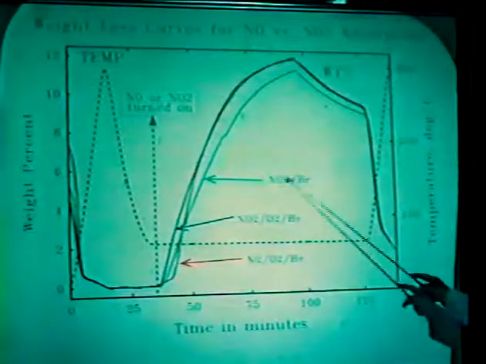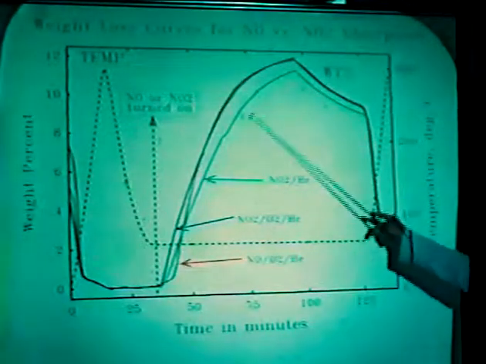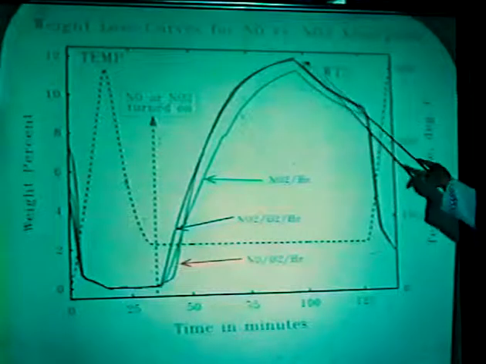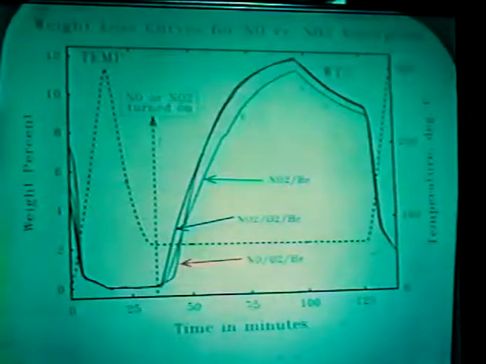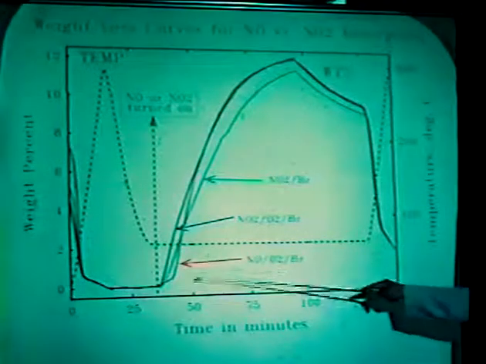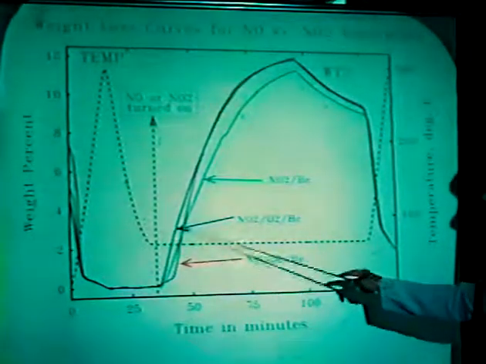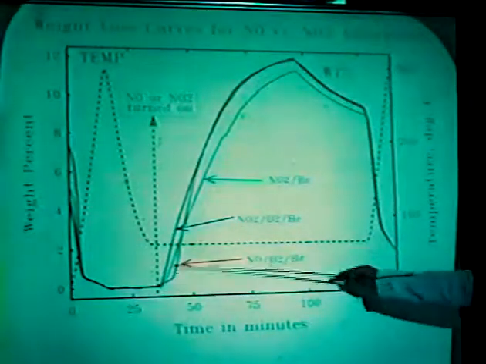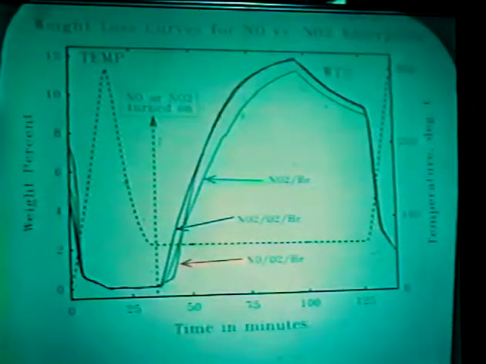And for NO2 and helium, that reaction rate is a little bit slower all the way through, and additionally there's slightly less nitrogen oxide absorbed. We took this to imply that even in the case of NO2 and oxygen, there must be some interaction between the carbon and the oxygen that affects the rate of the reaction.